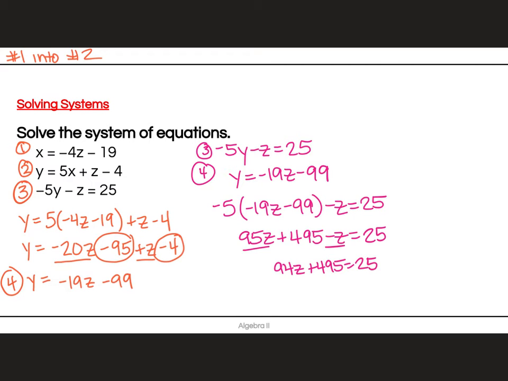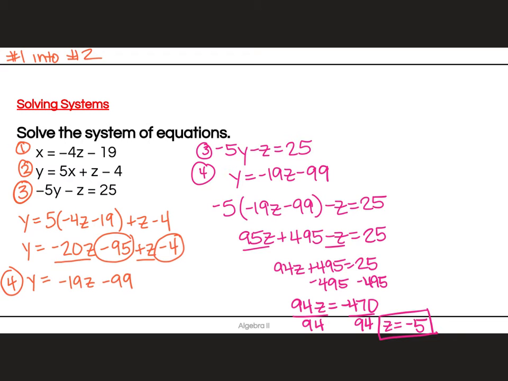Then I subtract 495 from both sides: 94z is equal to negative 470. Dividing both sides by 94, z is equal to negative 5. So I have a value for z.